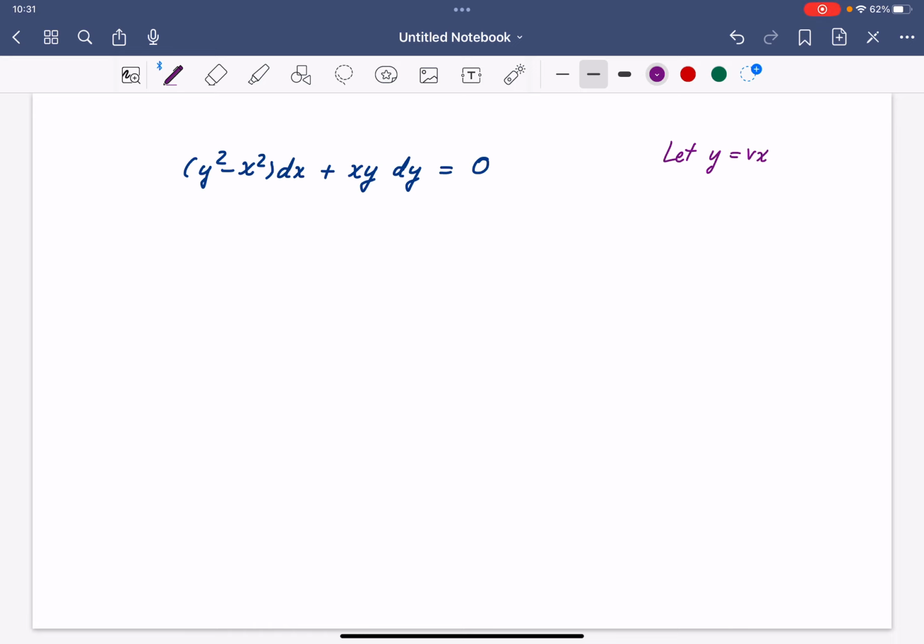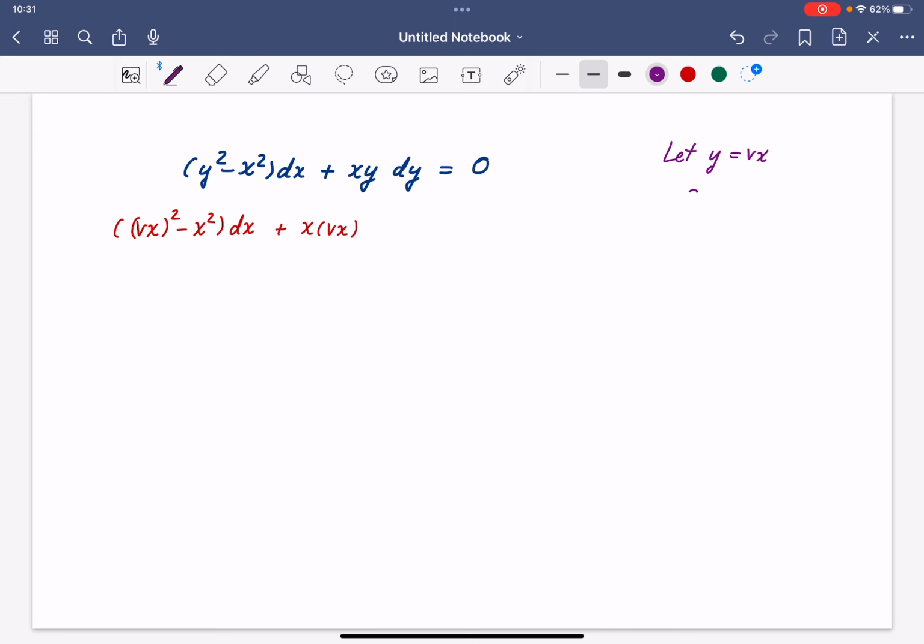So once you let y be vx, here you're going to have vx squared minus x squared dx, and then plus x times vx dy.